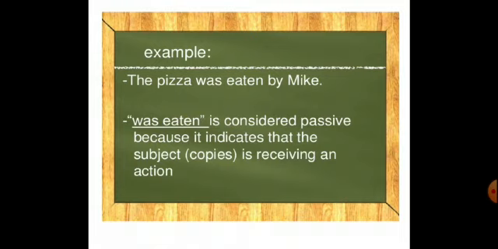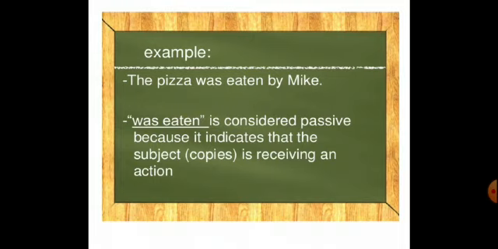Let's do another example. The pizza was eaten by Mike. By Mike is the by phrase here. So when it is passive, I have to focus now on the object, which is the pizza. In active voice, the one who did it, as an active person, was Mike: Mike ate pizza.